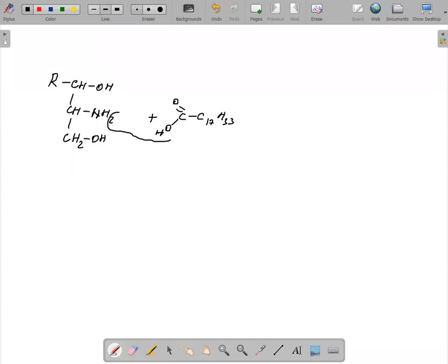Hydrogen from NH2 or H from carboxylic acid. This OH is always free, non-substituted.